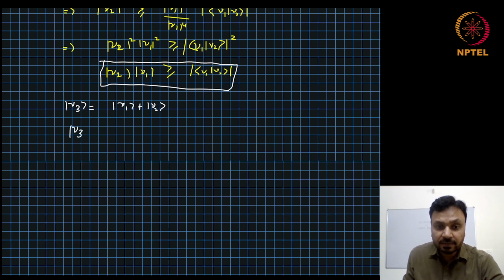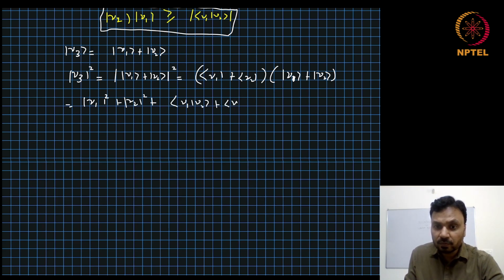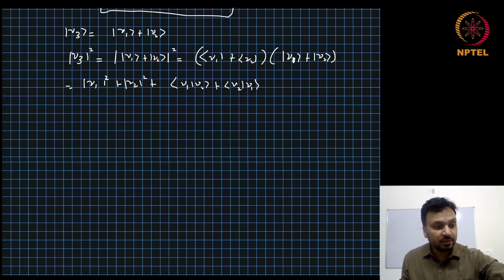Then v3 mod square is v1 plus v2 mod square, which is v1 plus v2 inner product with v1 plus v2, and that is equal to v1 mod square plus v2 mod square plus v1 v2 plus v2 v1. So we have these four terms when we find the norm of the sum of v1 v2.